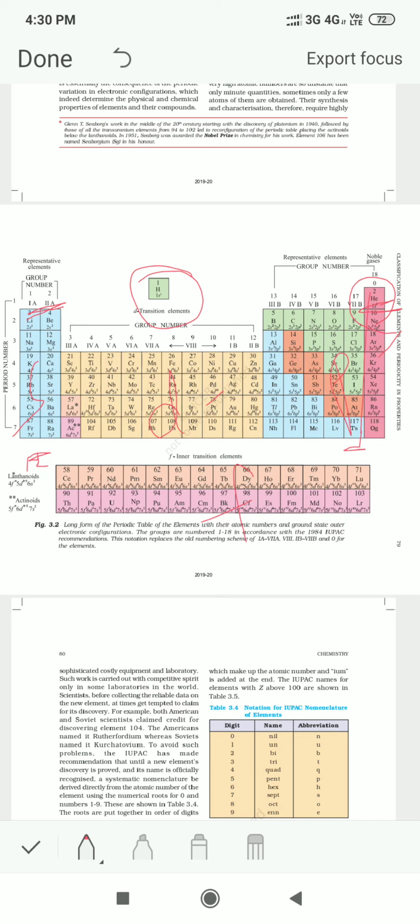This group is known as alkaline earth metals. They have a configuration of ns2: 1s2, 2s2, 3s2, 4s2, like this. So s orbitals are being filled. Since the last electron is entering the s orbital, they belong to the s block.